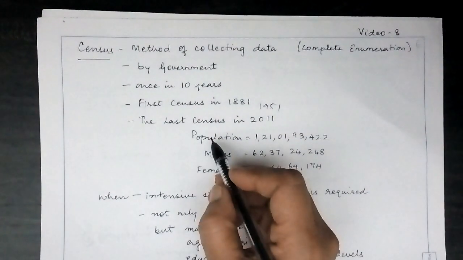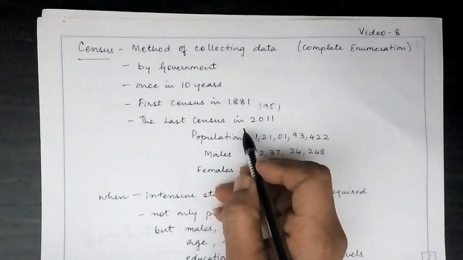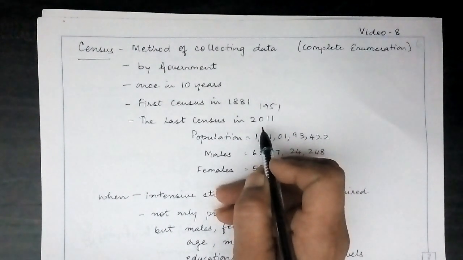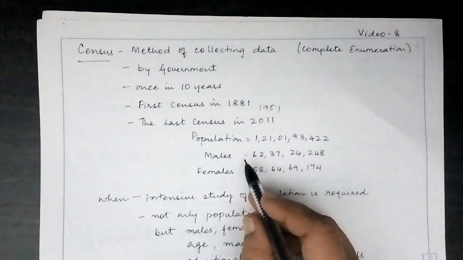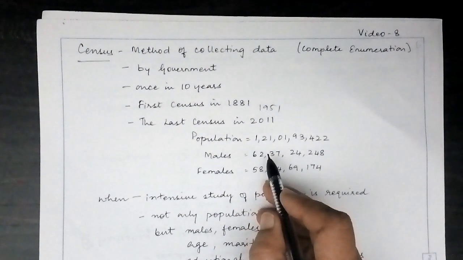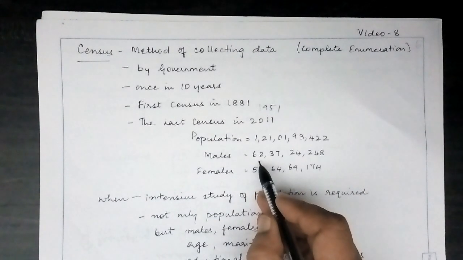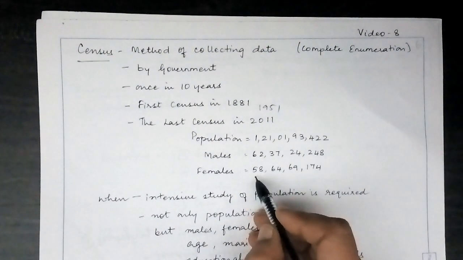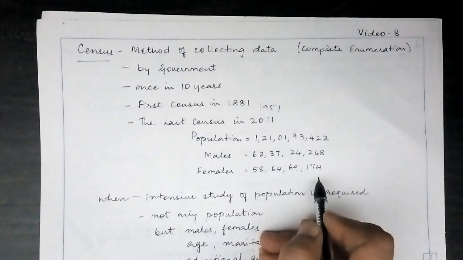And the last census in India was conducted in the year 2011. During this census, the population was found to be 1.2 billion and the male number was this and the females were these.